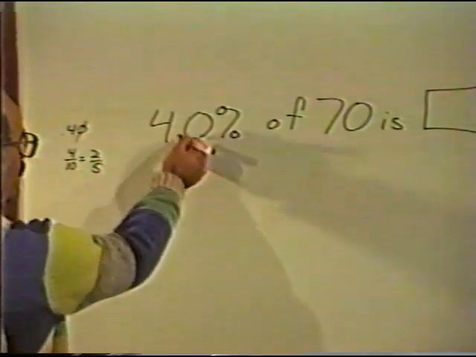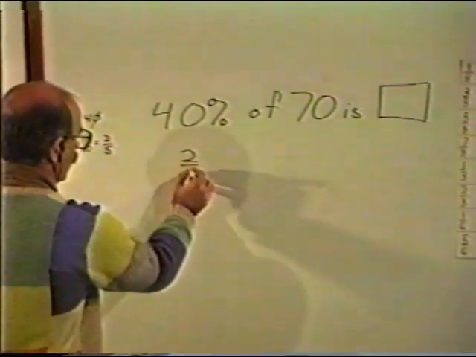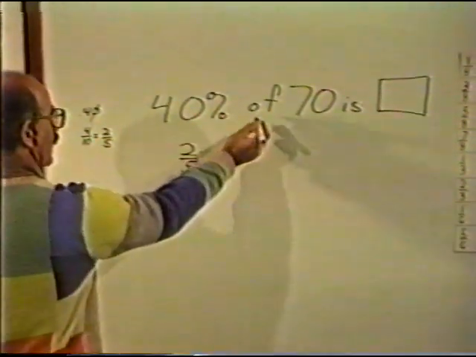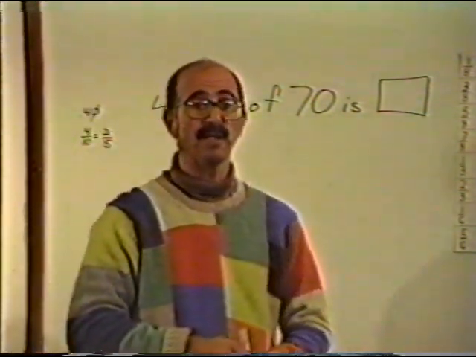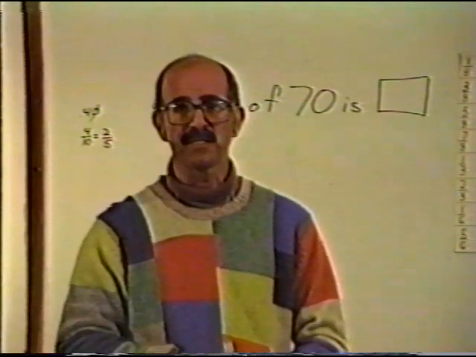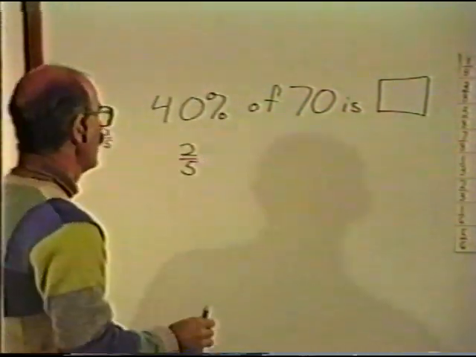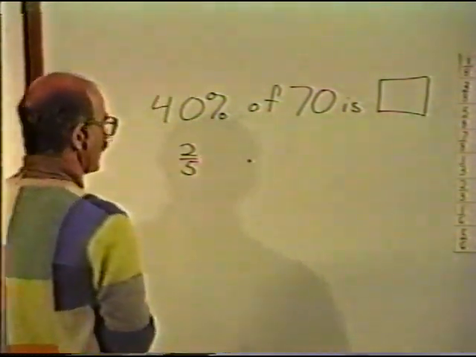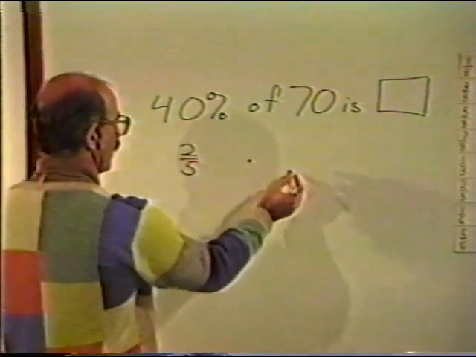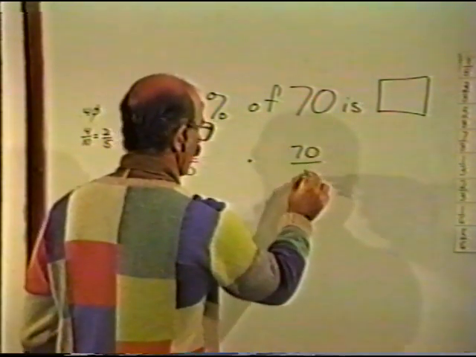We're going to bring this straight down, but change to 2/5. The next thing we see in our number sentence is the word of. And what does of always mean in mathematics? Times. And our times sign is just going to be a dot. 2/5 of 70, and we'll put the 70 over 1.